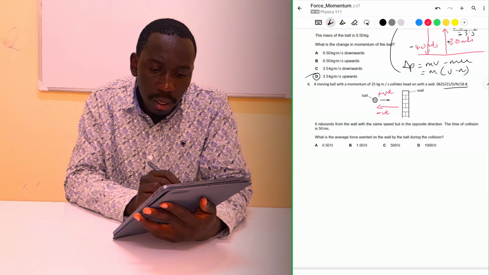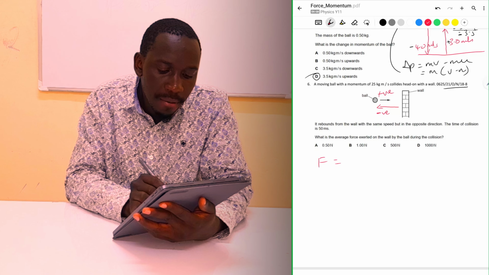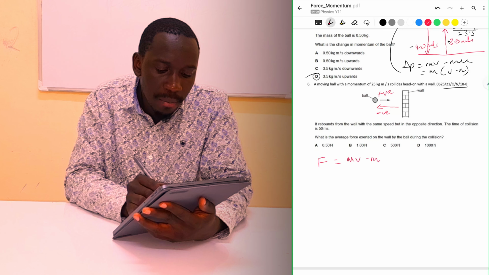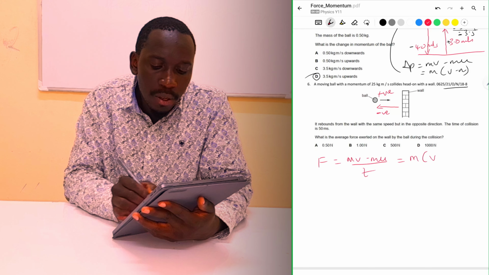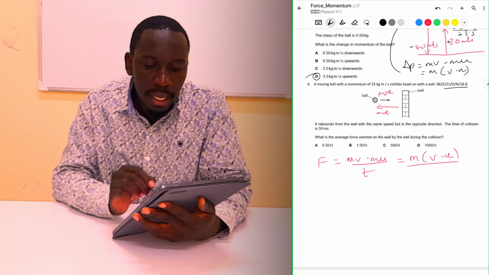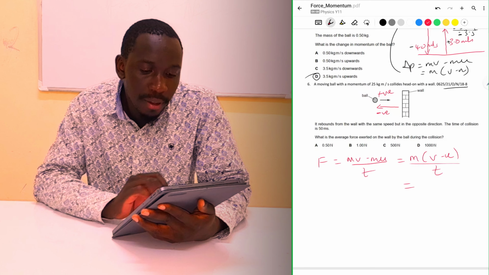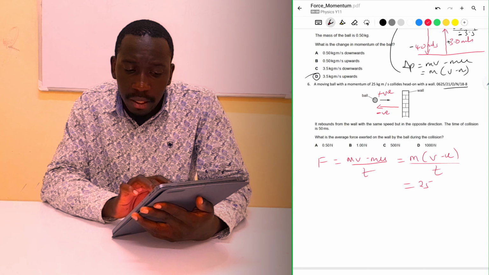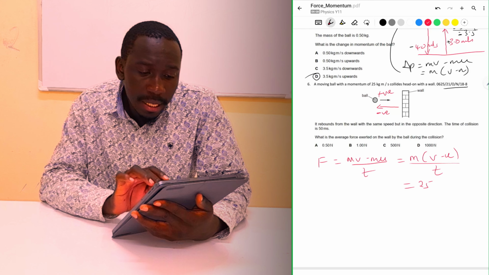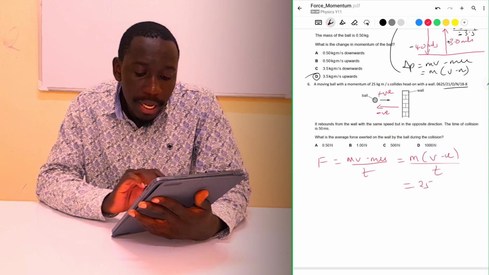So the force is given by change in momentum, that is mv minus mu over time taken, and I can say m into v minus u over t. All right, so here the mass is 25 kilogram, and it is moving, so 25 kilogram meters per second. Oh, that is the momentum.